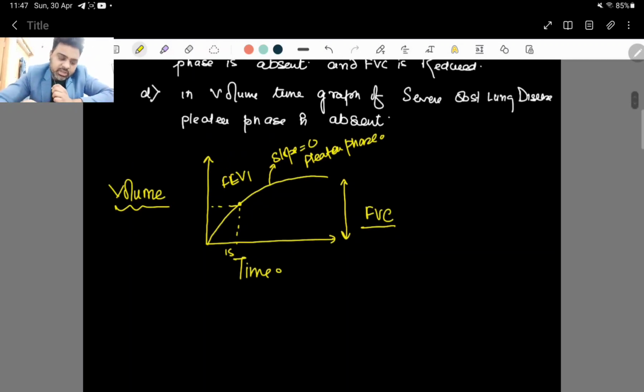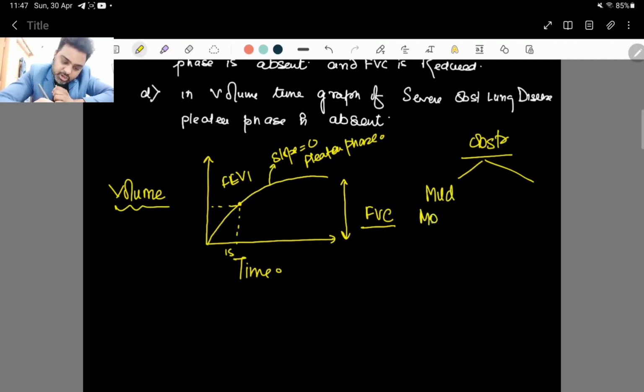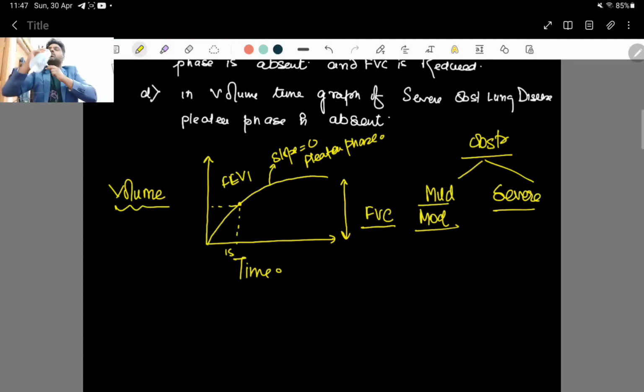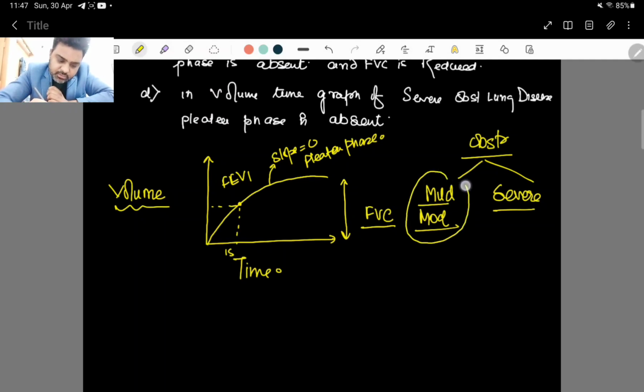Now I'll tell you what happens in obstructive lung disease. If I divide obstructive lung disease into two parts, first is the mild to moderate form, and second is the severe form. Why I am dividing it into two, you will just understand. We know that in mild and moderate form, FVC is normal.